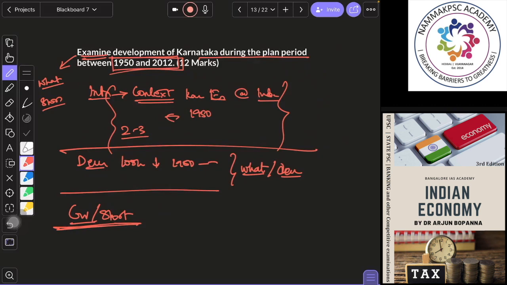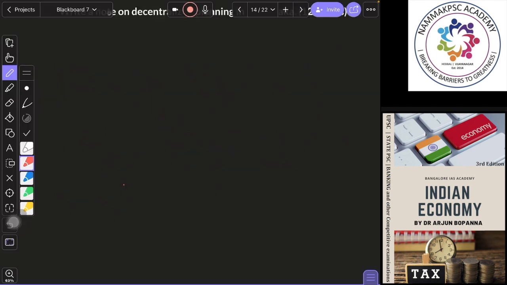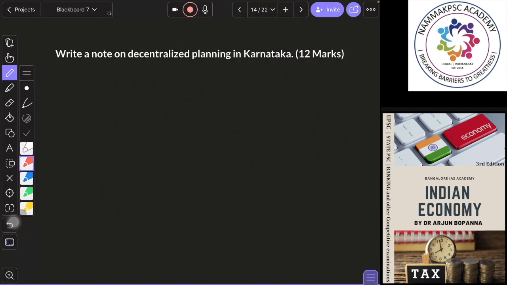Next, write a note on decentralized planning in Karnataka. You can start off by saying what is decentralized planning, or you can just talk about when decentralized planning took place in Karnataka.